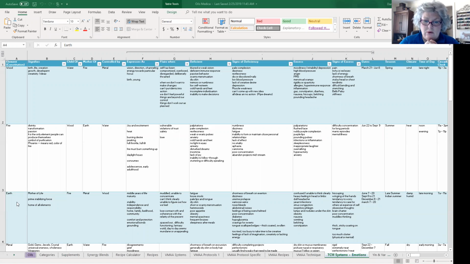It is about stability, responsibility, community, livelihood, survival, all of those things. It is a time of comfort and protection, building emotional bonds, and finding grounding.